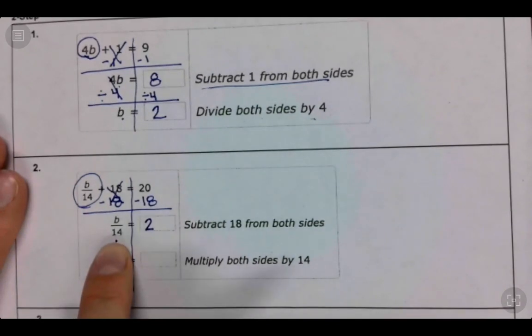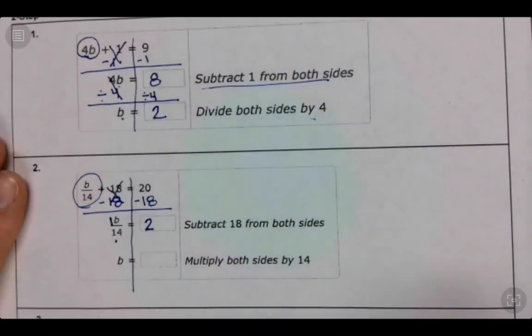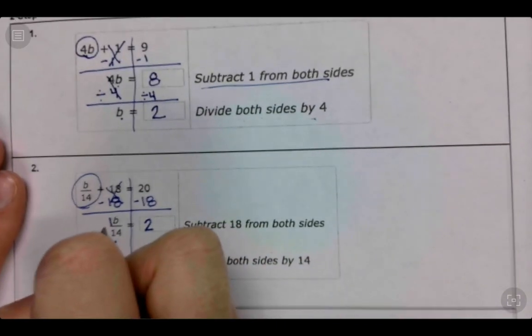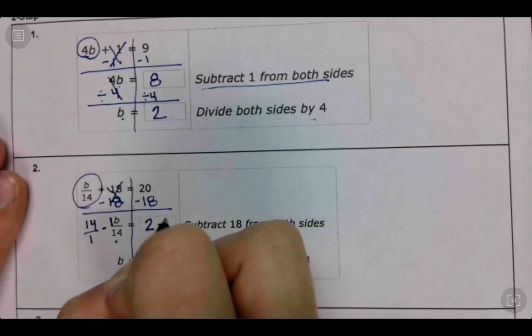Some of you were getting confused if you saw this. I understand that there's no number that you can see next to b, but there is an invisible 1. 1b and b are saying the same thing. So the inverse of that would be 14 over 1. We're going to do that on both sides.